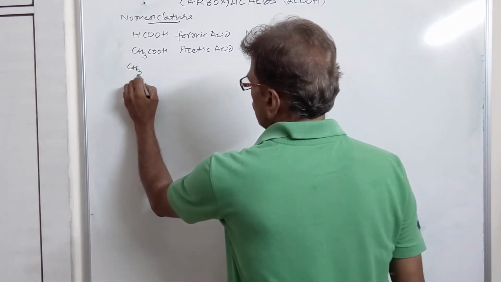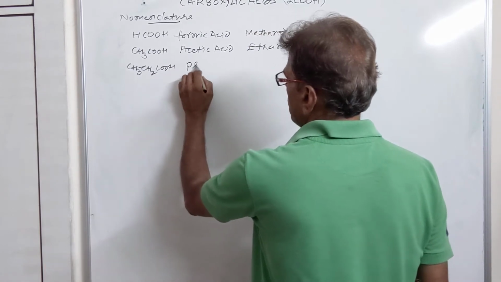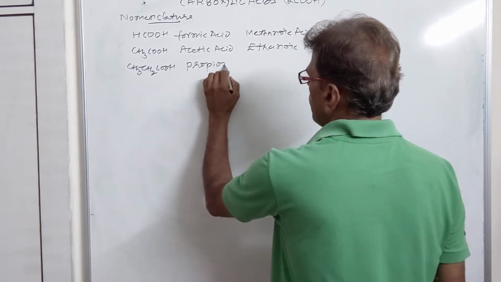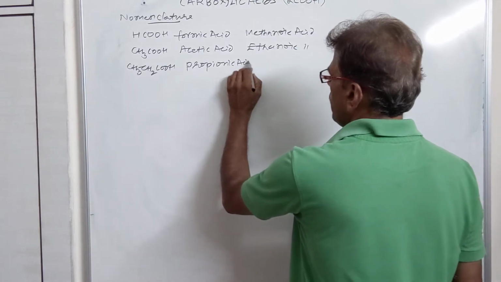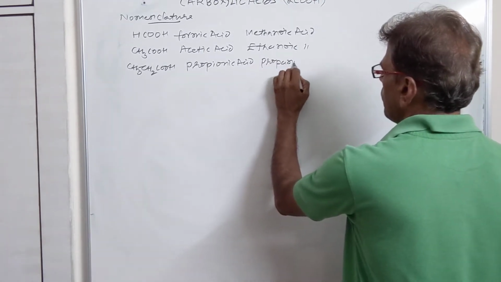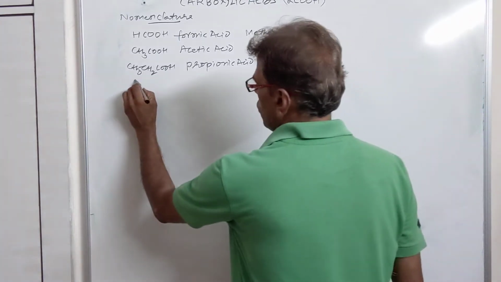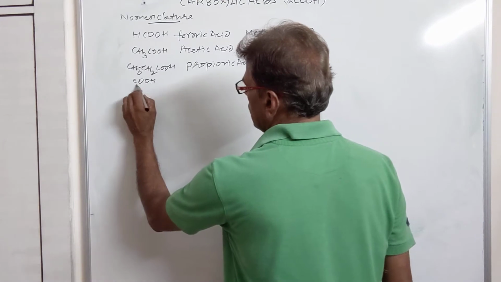Similarly, add CH2, we get next member. This is called as propionic acid. IUPAC name will be propanoic acid. Then we come to dicarboxylic acid. The most common dicarboxylic acid is oxalic acid.